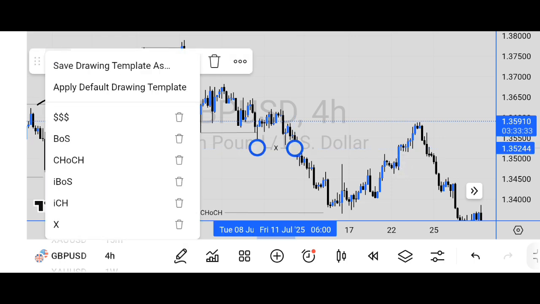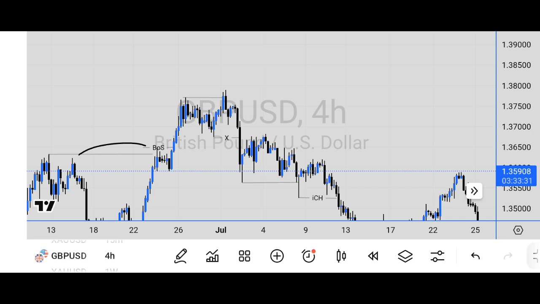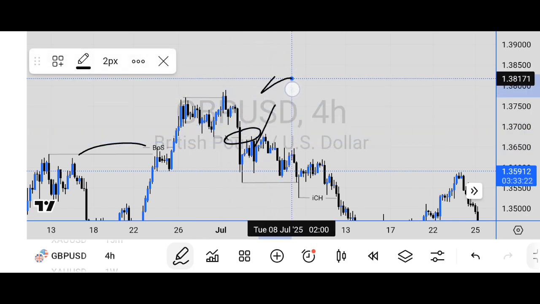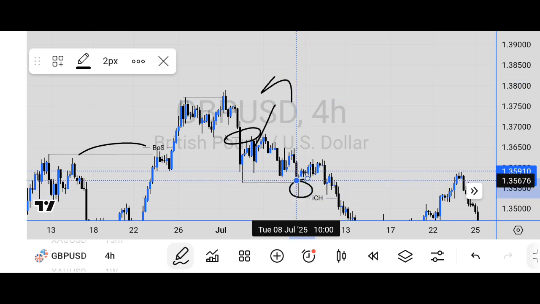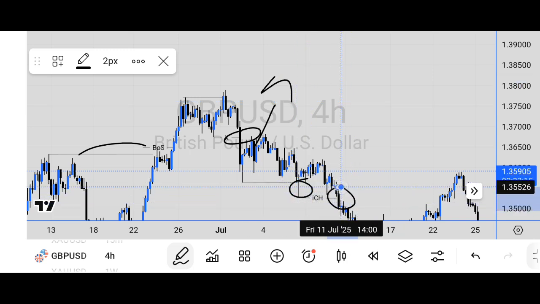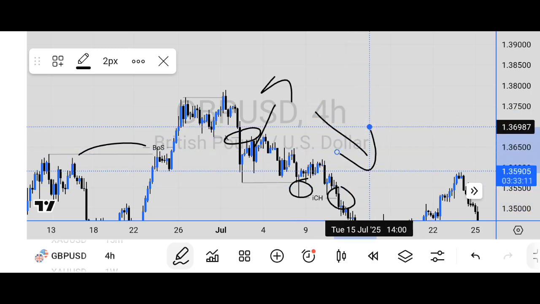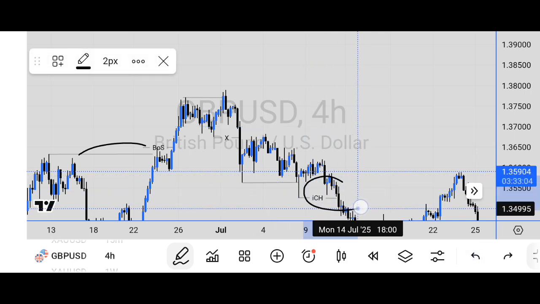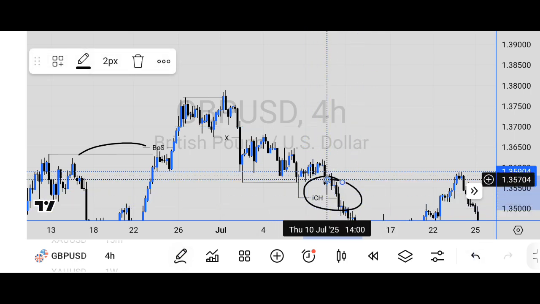Why? Because after price tapped on this inducement and it failed to go up, with it creating a lower low and finally closing below the lower low here, it is confirming that price is gaining selling momentum. That is why this is an internal structure chalk.